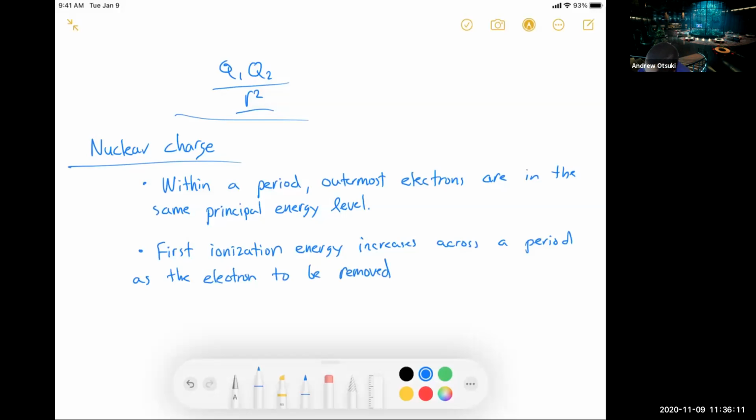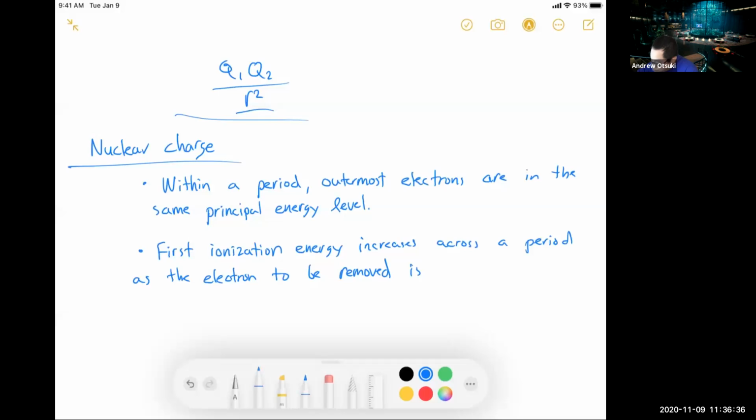is attracted. So remember, as we move across the period, there's going to be an increasing quantity of positive charge because the atomic number is increasing. So as we move across the periodic table, the amount of energy to remove an electron, the first ionization energy, is going to undoubtedly increase as we increase the atomic number.